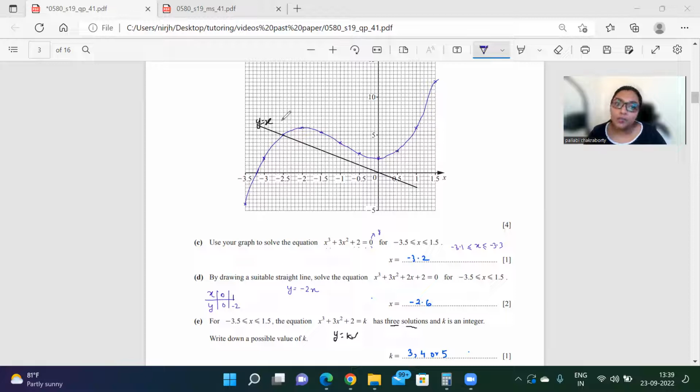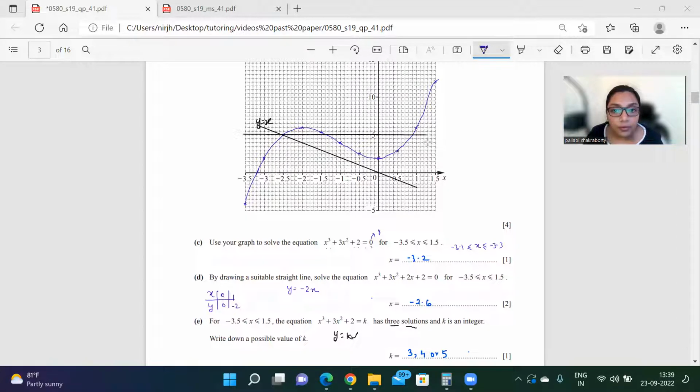So how do we know which points we can take? You have to look at the integral values which will cut the curve at 3 points. You cannot go beyond the peak of the curve because then it will not cut, obviously. When you take the k value as 5, you see 1, 2, and 3. These are the 3 points where y is equal to 5 is cutting, right?